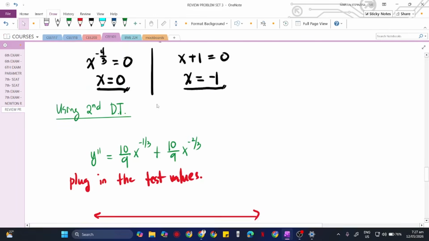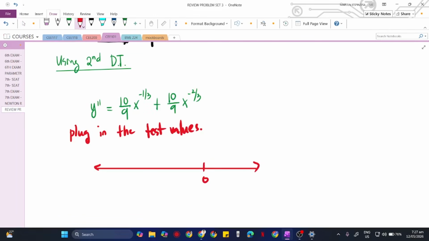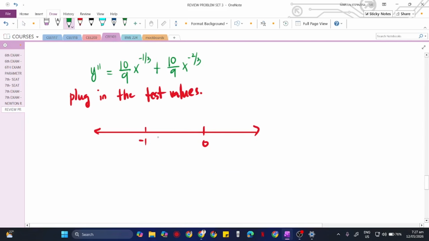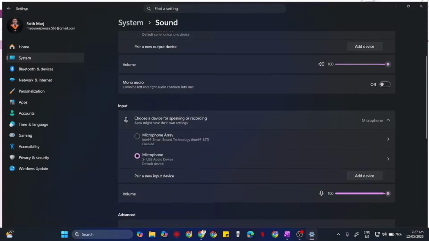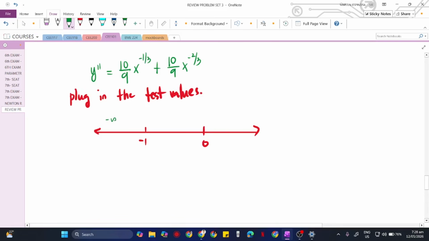So, we have here 0, tsaka negative 1. Mag-test tayo ng intervals. We have here the negative infinity to negative 1. That is the first interval. Then, negative 1 to 0. And then, lastly, we have 0 to positive infinity.